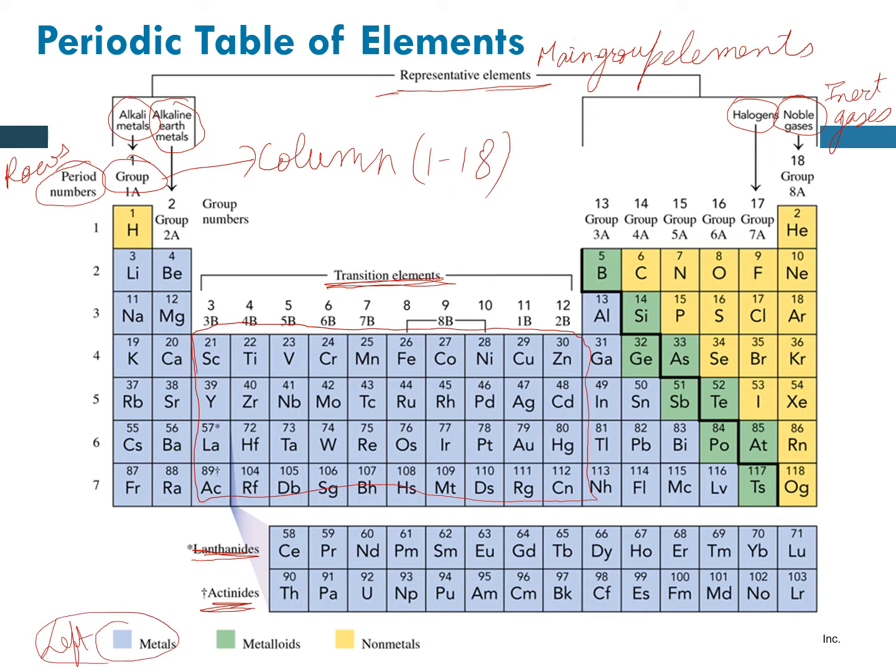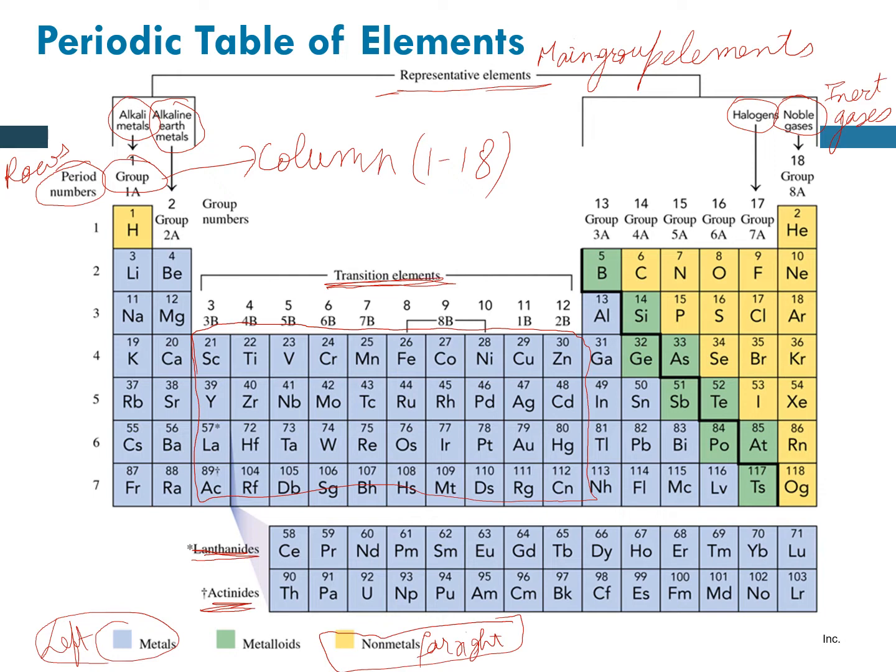You can see right here, everything here is metallic in nature except hydrogen. Everything on the far right side of the periodic table is a non-metal. We'll see what metals and non-metals mean. You probably are familiar with that, but we'll go over it again a little bit in the next few slides. But everything on the far right is a non-metal.